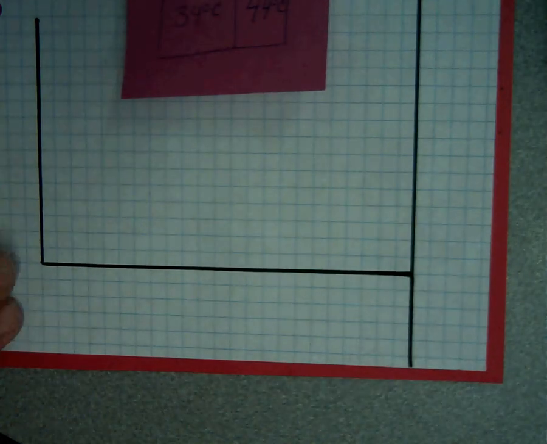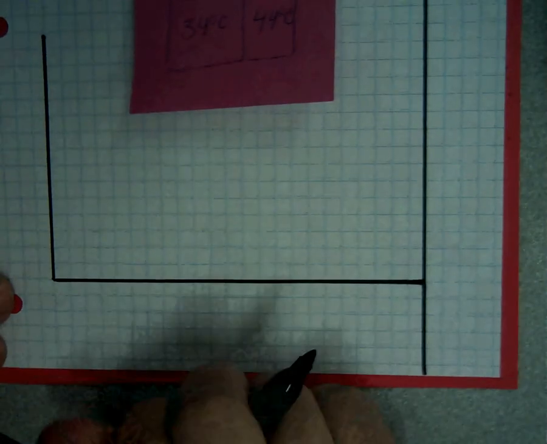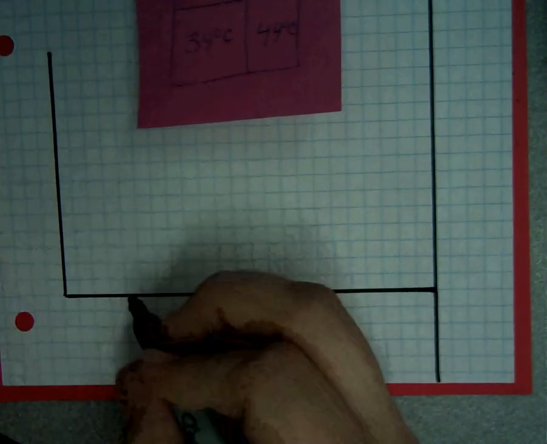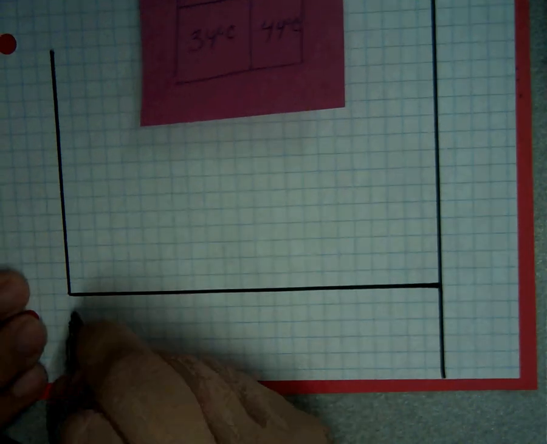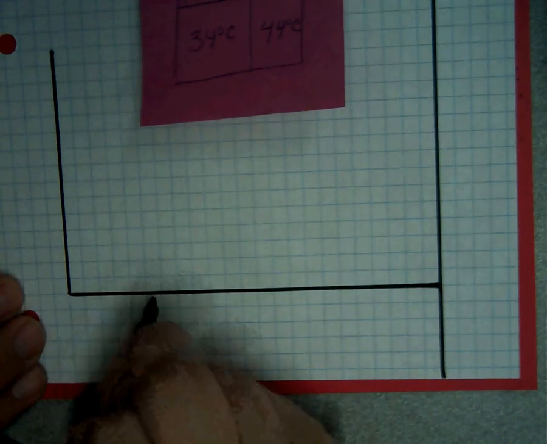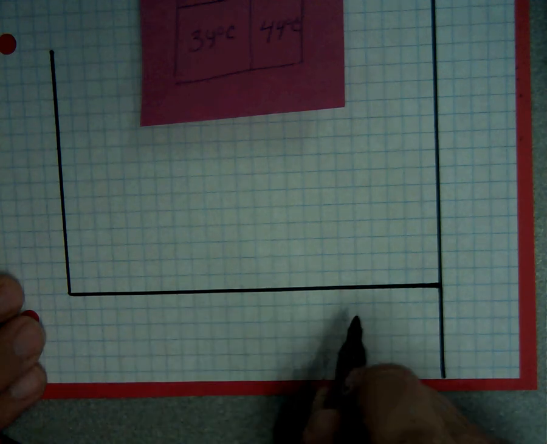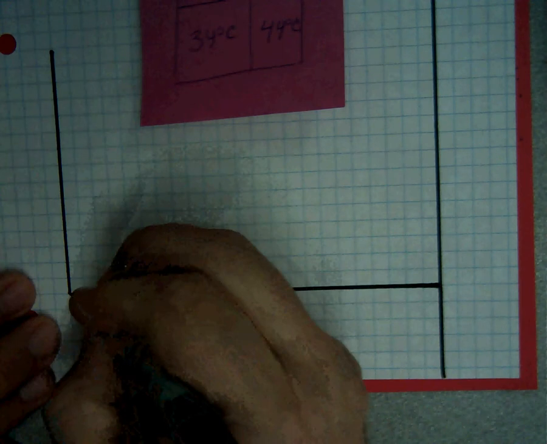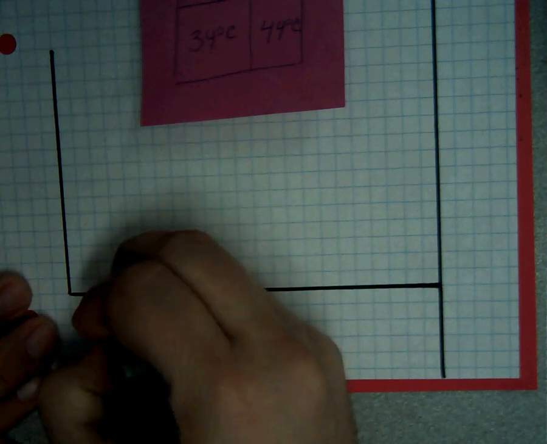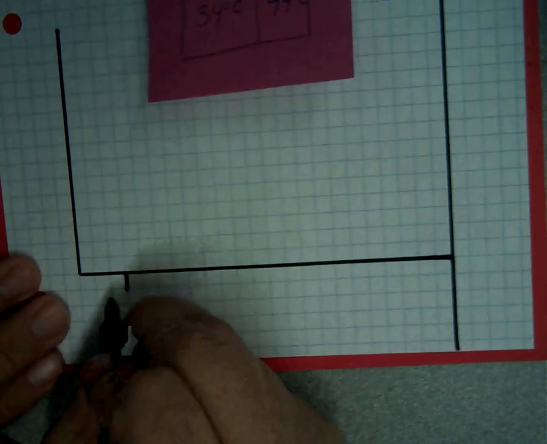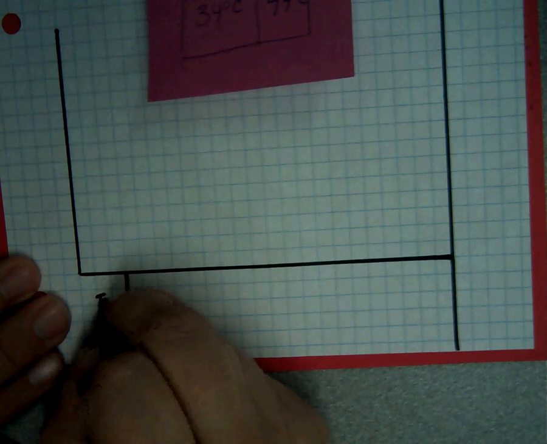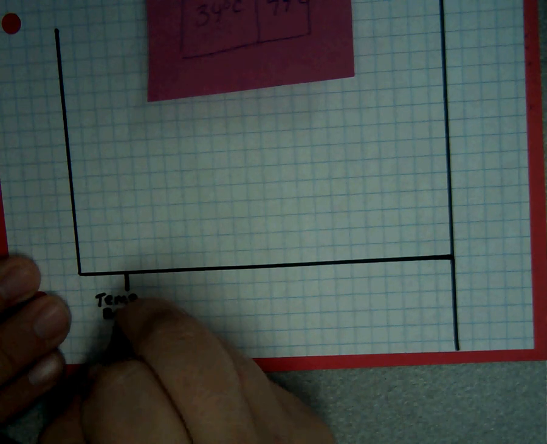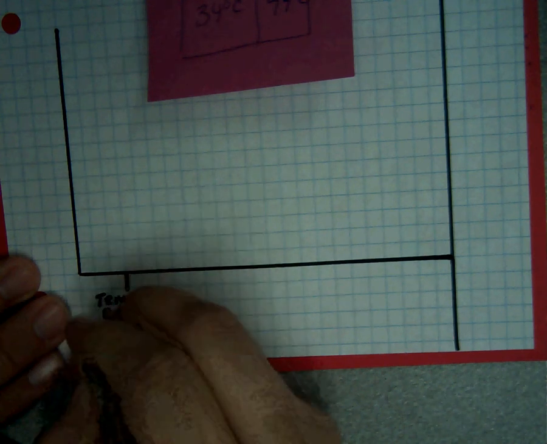Alright, so now what I need to do is start labeling. The first thing I need to do is label my before reaction and after reaction for my line graph, and then over here is going to be my bar graph with my y-axis. So I'm going to start with putting a line coming down and labeling this: temp before reaction.